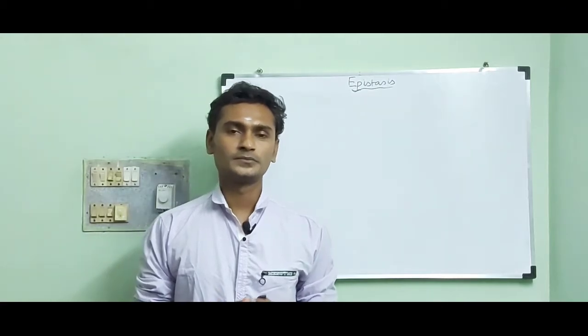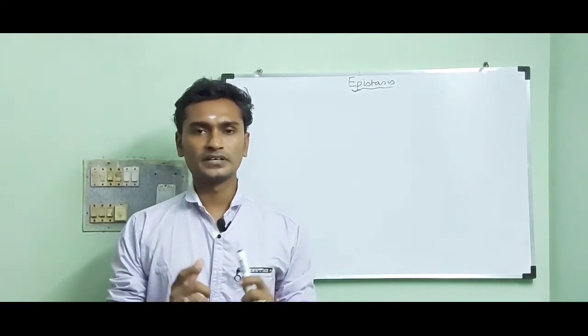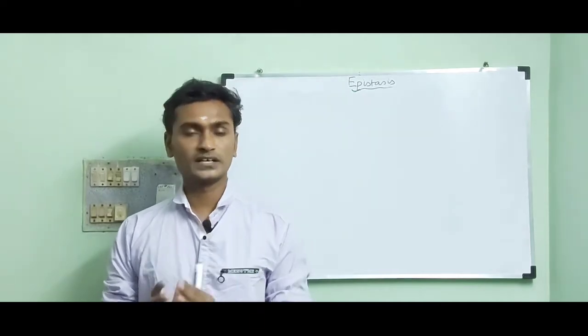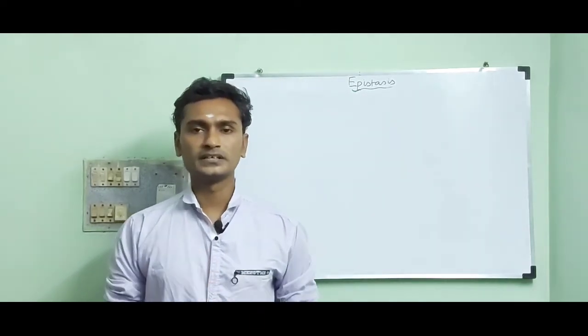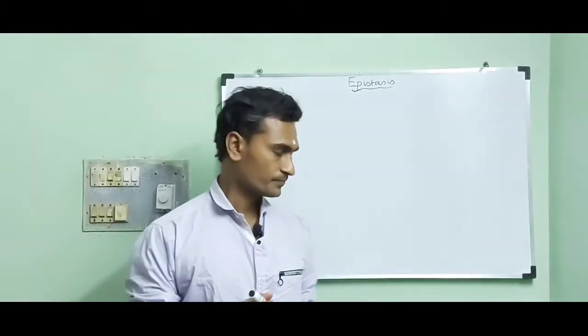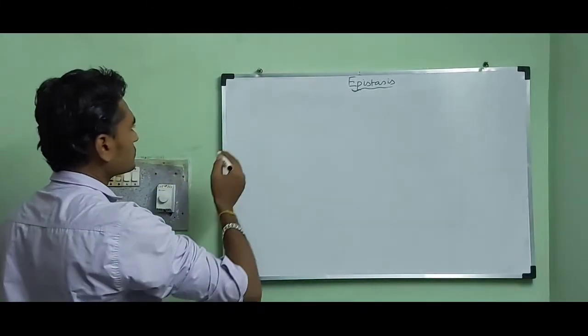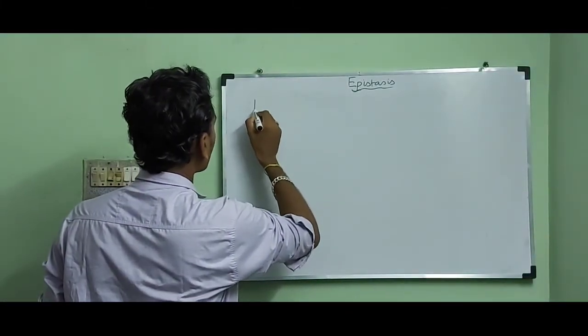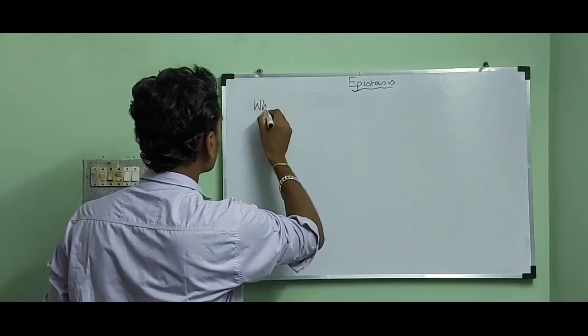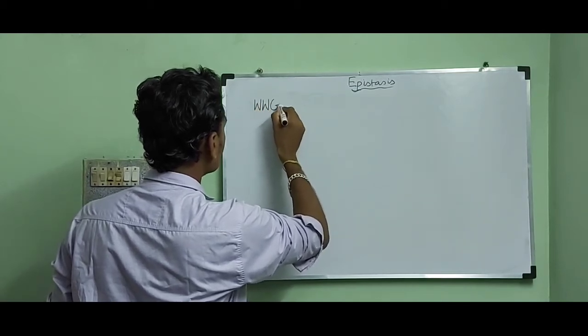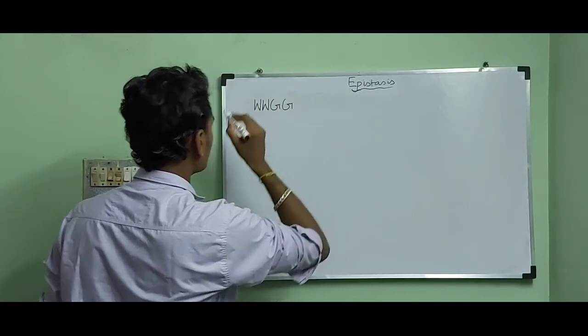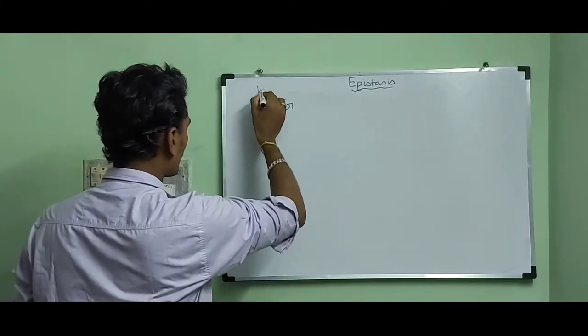Now I am going to make a cross between pure breeding white summer squash with pure breeding green summer squash. So the genotype is capital W, capital W, capital G, capital G. So the phenotype is white.